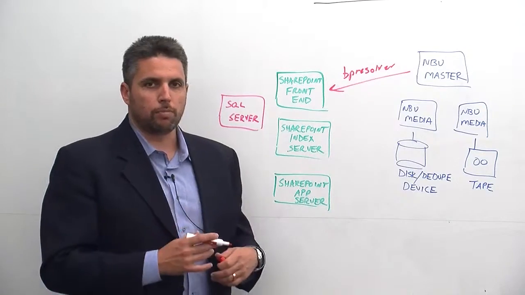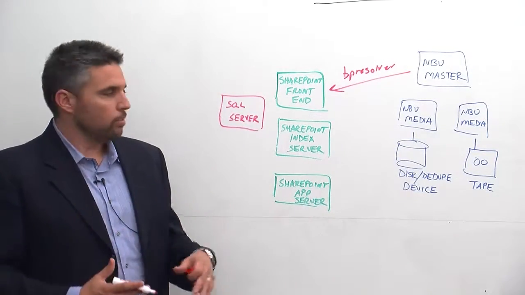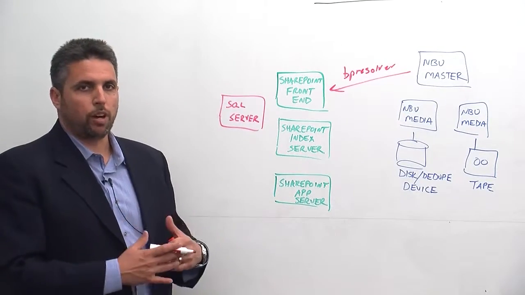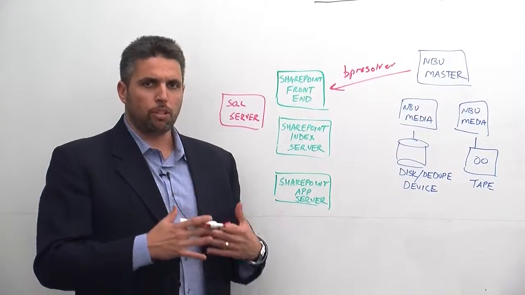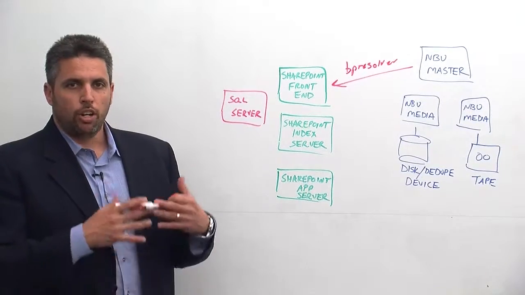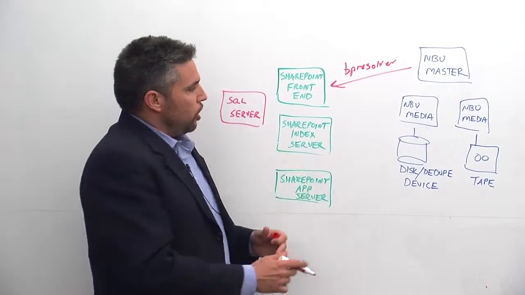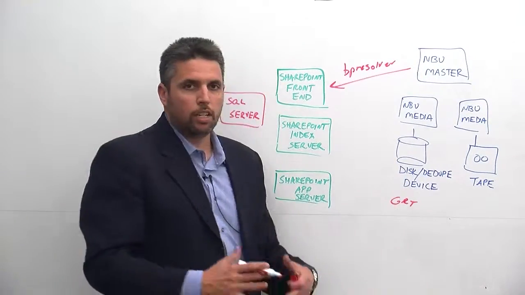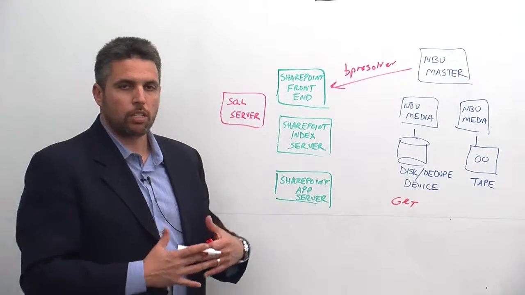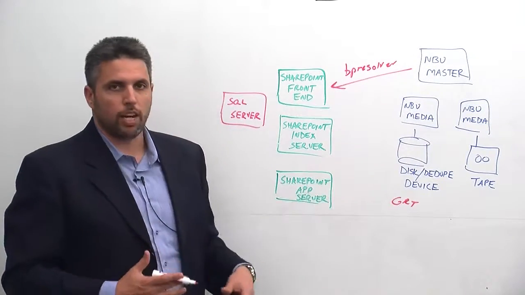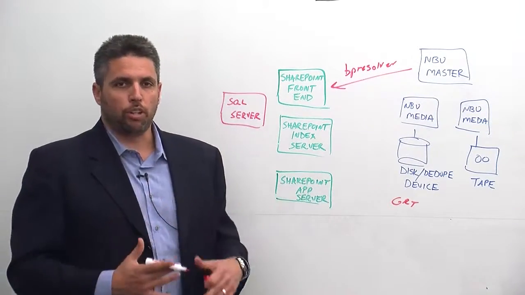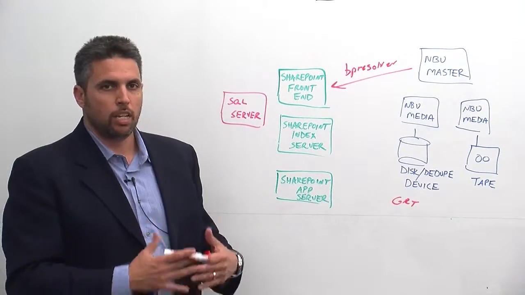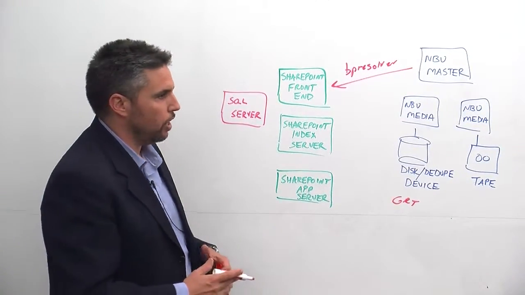From a best practices perspective, there are two policies. One is the farm level. For disaster recovery, you want to make sure that the SharePoint farm is backed up. And then we also provide what's called GRT, or granular restore technology. The GRT functionality does require that the backup occur to a disk-based storage unit, because the database gets mounted on this disk device, and the NFS protocol is then used to extract or enumerate and pull the information out of the database to provide the GRT functionality.